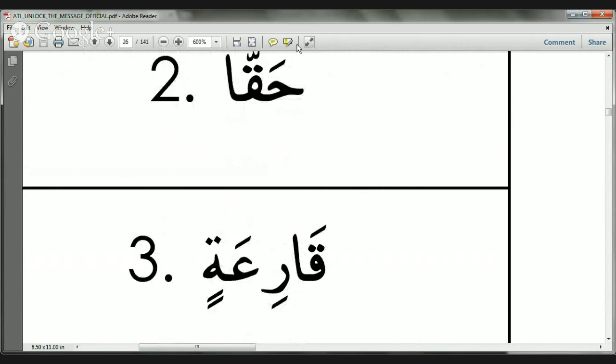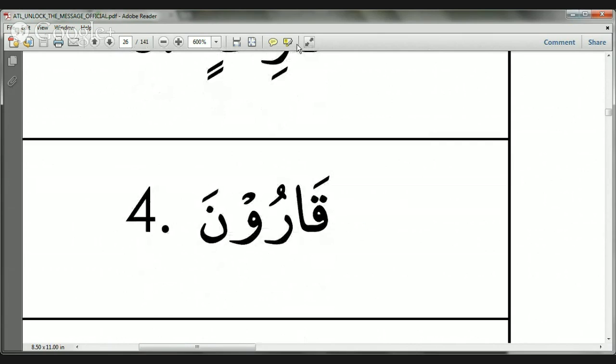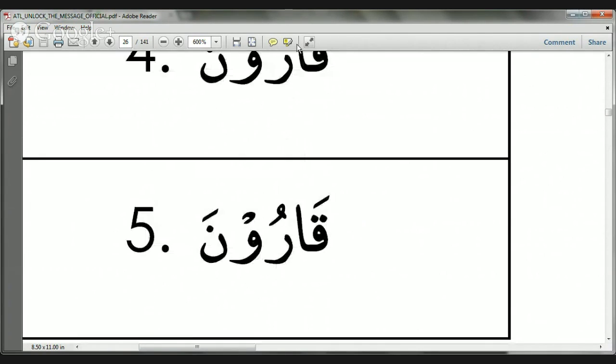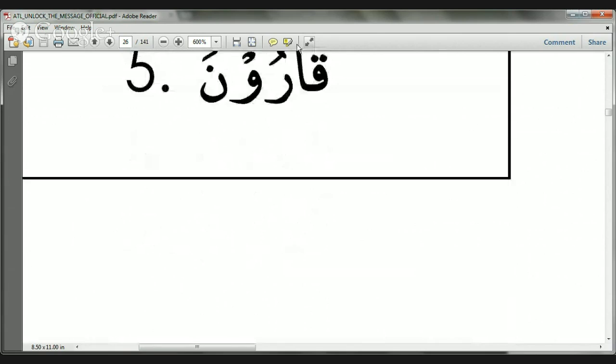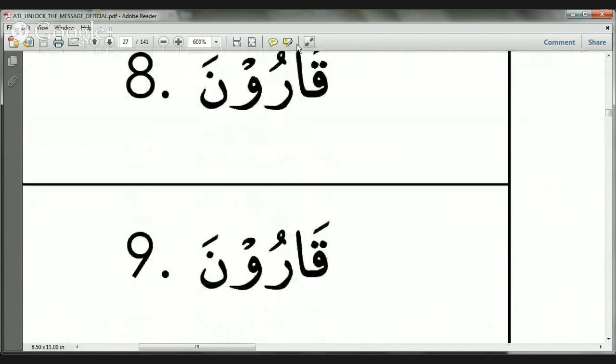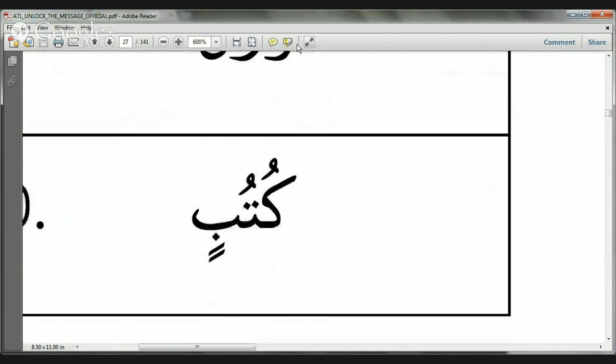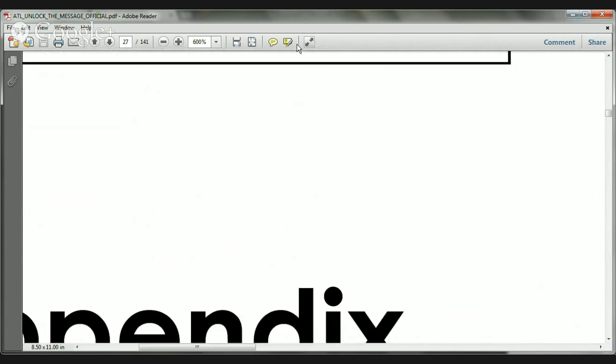Good. Qari'atin. But it's tanween. Oh, good. Qaruna. Why? Non-Arab name. Very good. Kutubin. Fully.